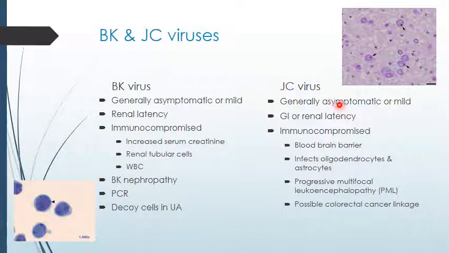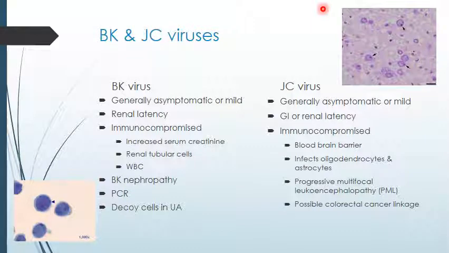We say that it's a generally asymptomatic or mild infection because we have no reason to look for it. You don't go to the doctor. It's such a mild infection, okay? But we do know that it does remain latent in the GI tract, and then also in the kidney. So you can develop a latency in both the GI and the kidney, or either one. And then it's still reproducing, you're still shedding it.